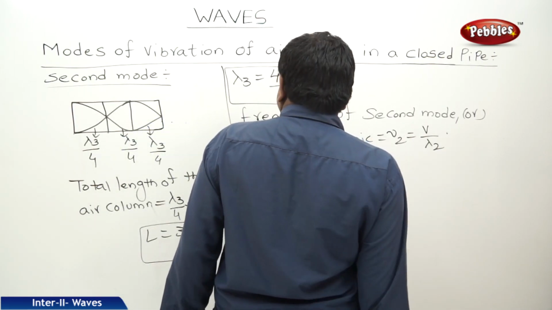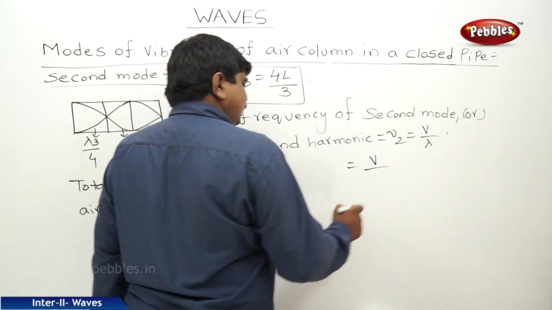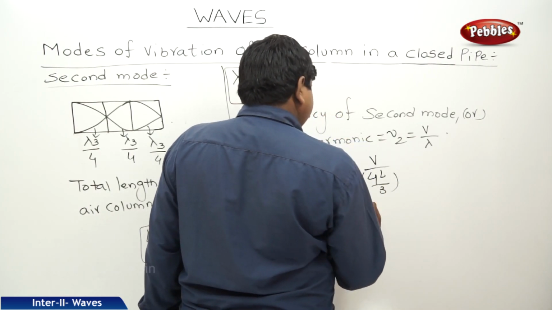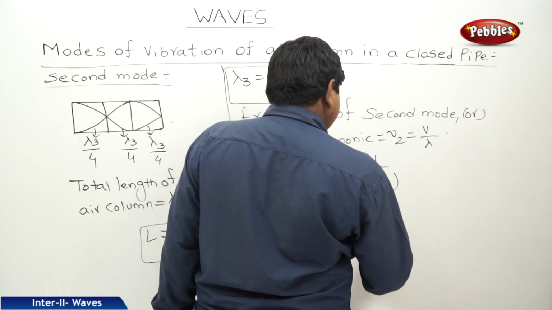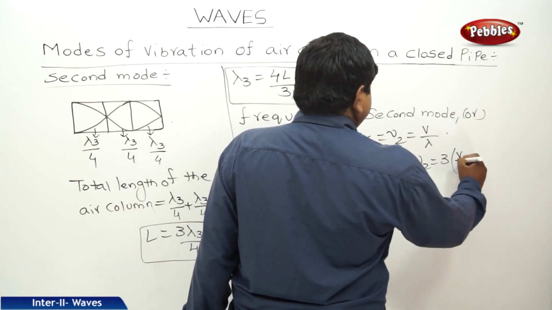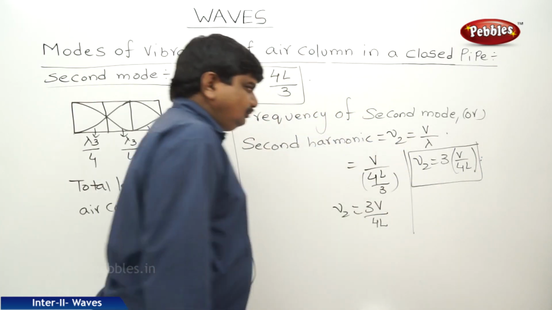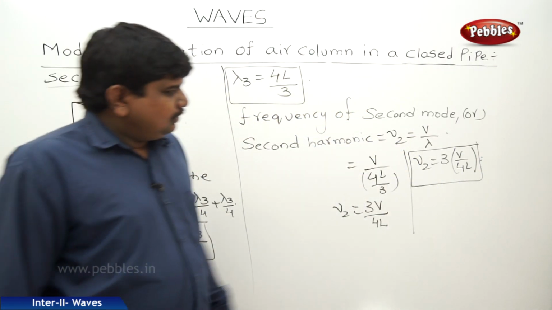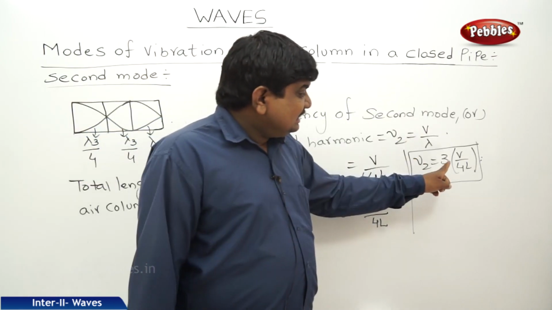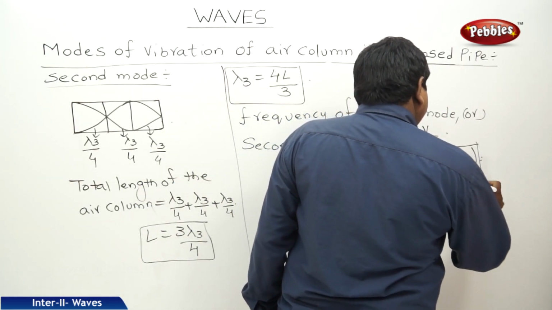So this will be v/λ, and this λ is 4L/3. Therefore ν2 is equal to 3v/4L. Therefore ν2 is equal to 3 into v/4L. So the frequency of the second harmonic in a closed pipe is 3 times the fundamental. Therefore ν2 is equal to 3 into ν1.